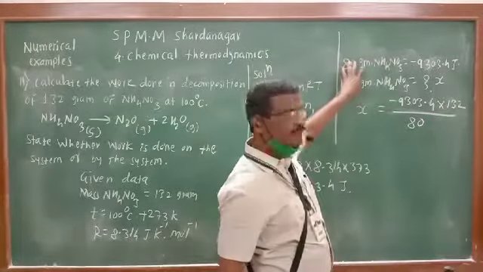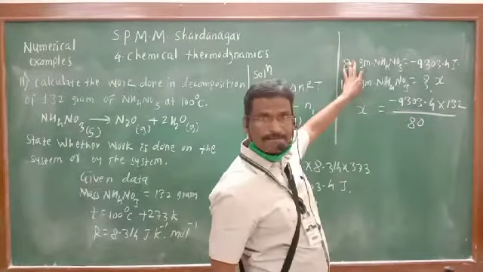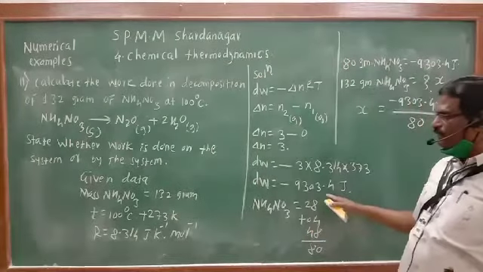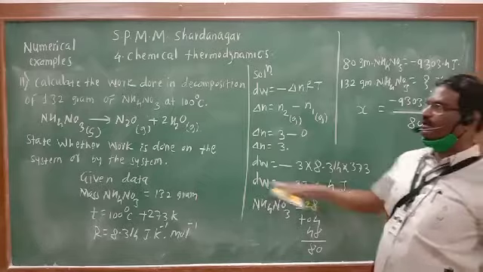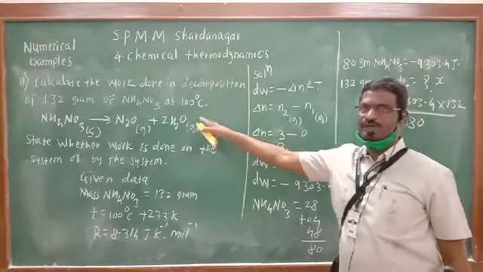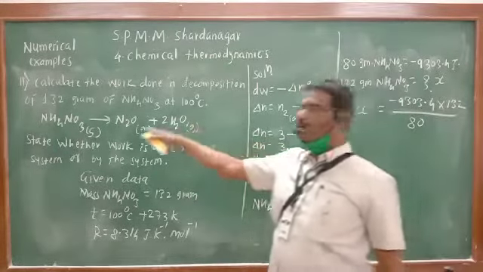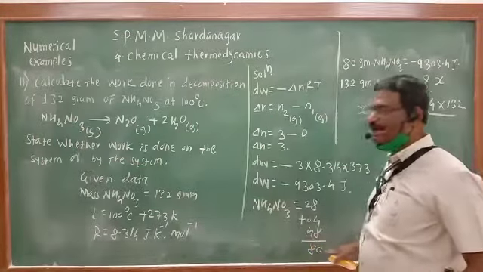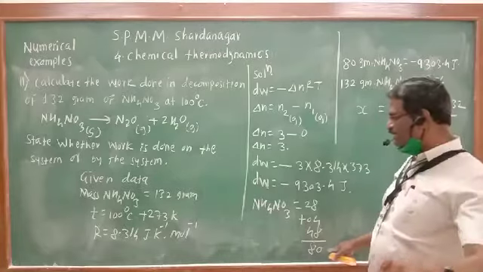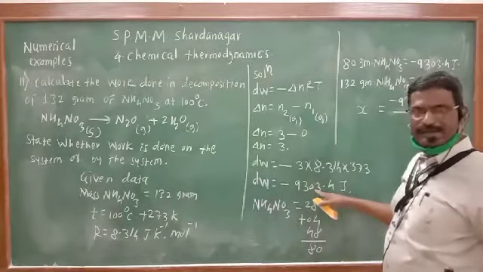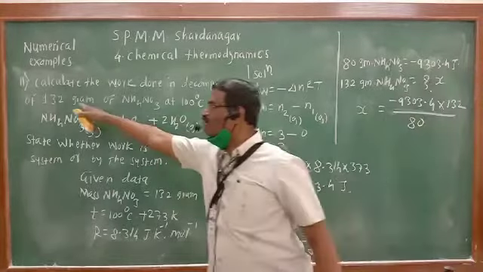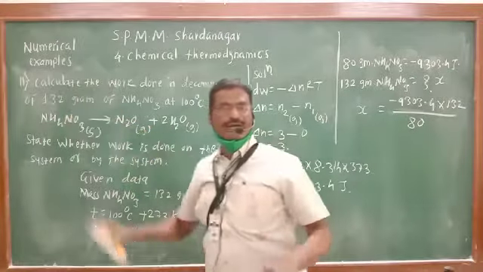Why have I taken this cross multiplication? Because this is the answer of dW we have calculated for this reaction, and in this reaction the ammonium nitrate used is 80 gram. So for 80 gram, this is the work of expansion in Joule, and they have asked to calculate work done for 132 gram.